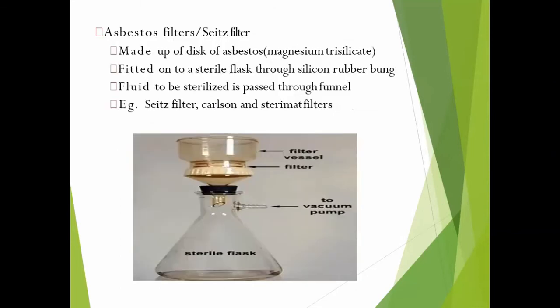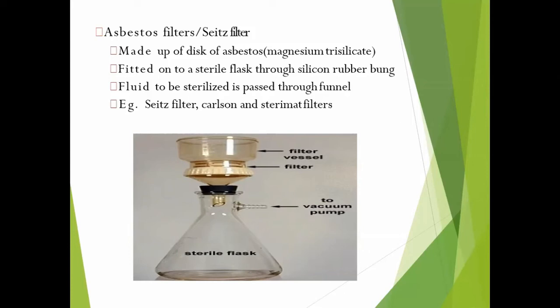Asbestos or Seitz filter is made up of asbestos and magnesium trisilicate, fitted onto a sterile flask through a silicone rubber bung. The fluid to be sterilized is passed through the funnel. Examples are Seitz filter, Carlson, and Sterimat filters.